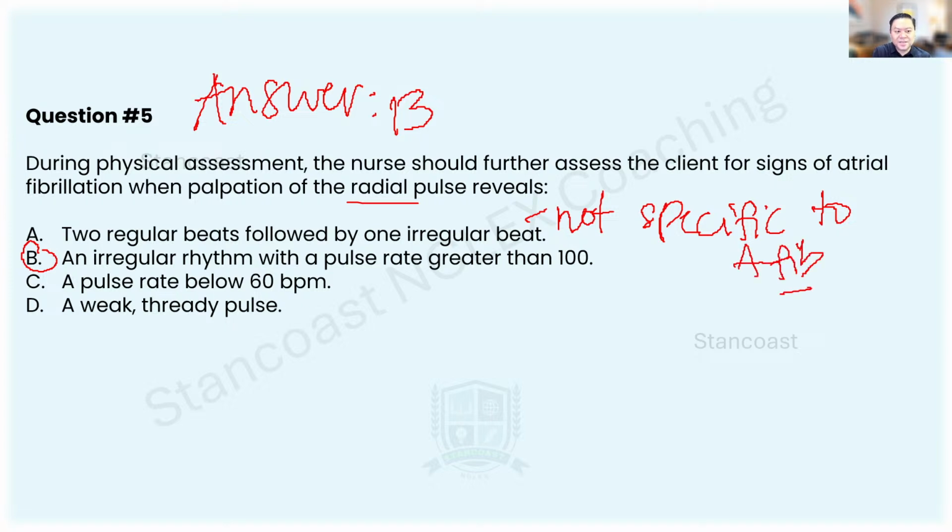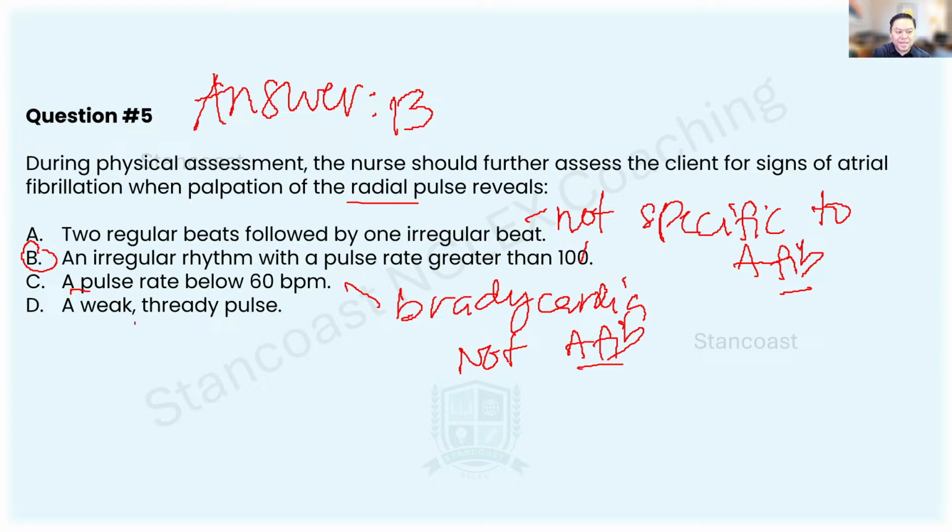This is something that you can assess in other types of dysrhythmias, so not just isolated in AFib. Now, if you had answered letter C, a pulse rate below 60, this is what? Bradycardia, right? Not AFib.